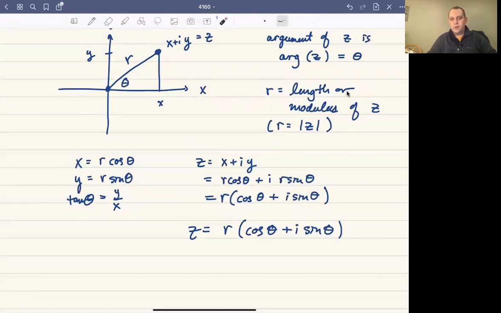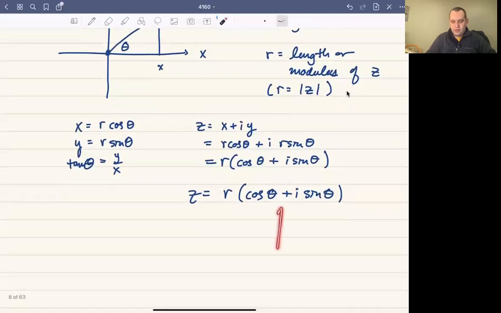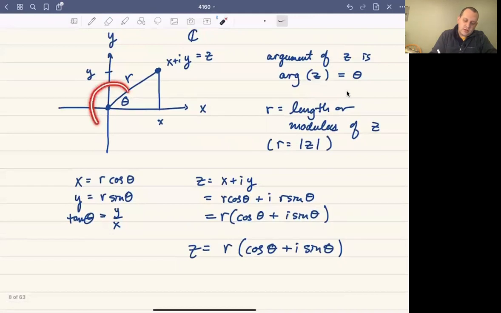Now, a few things that I want to point out. If you were to take the modulus of a value like this, cosine theta plus i sine theta, the way it's been chosen, and of course that's why we use sine and cosine, if you take the length of the line segment connecting the origin to that point, you would get 1. In other words, cosine theta plus i sine theta is a complex number on the unit circle centered at the origin.